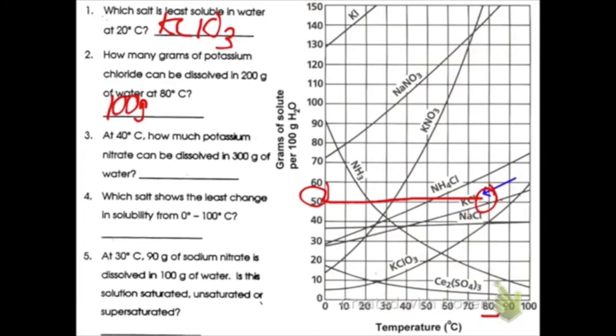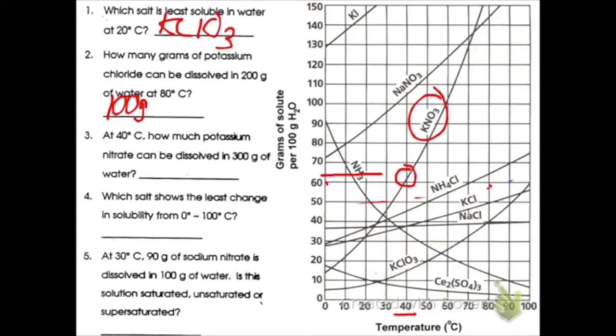Oh, okay. And so number 3 is kind of similar. I'm looking for potassium nitrate, which is... It's got to have an N in it. Okay, NO3. There we go. I'm looking for 40 degrees, so right there. And where potassium nitrate and 40 degrees intersect is right there. So if I bring that across, that kind of looks like, I don't know, like 62?